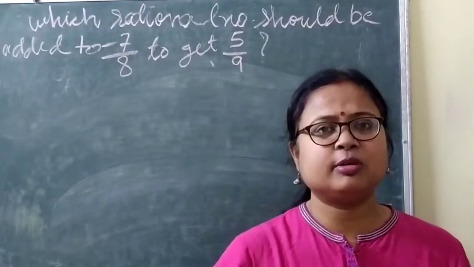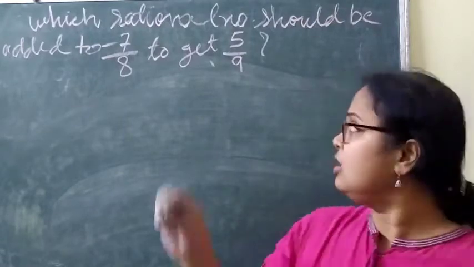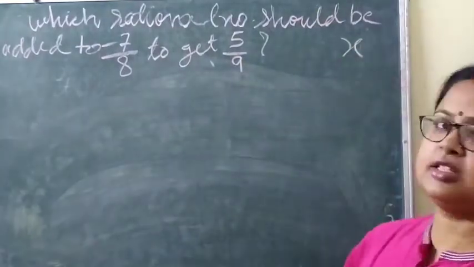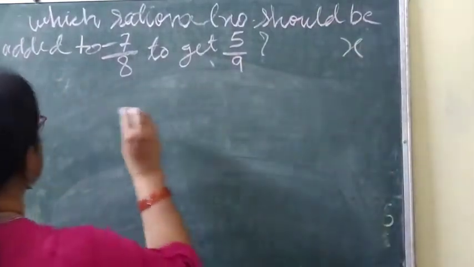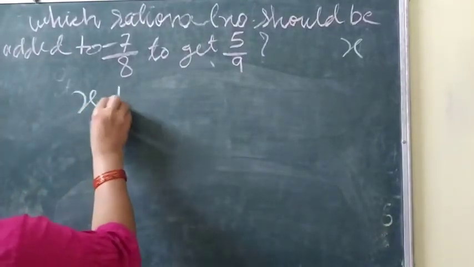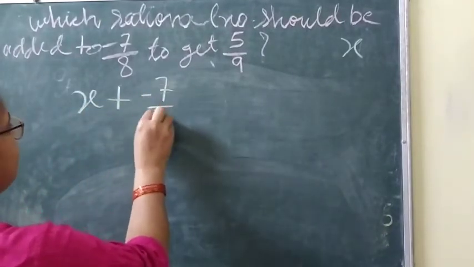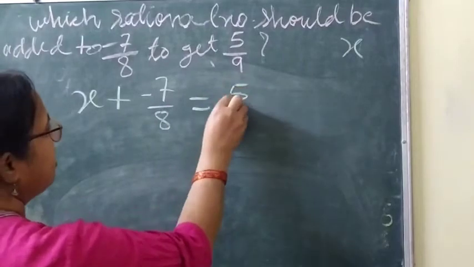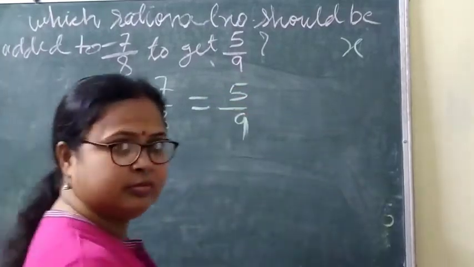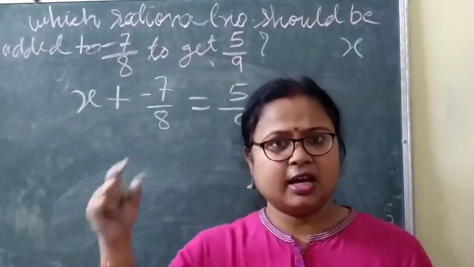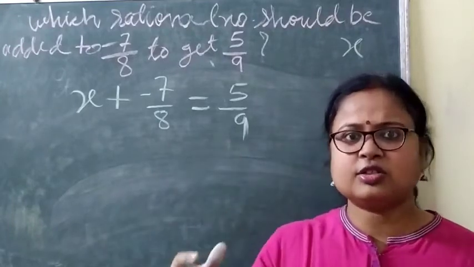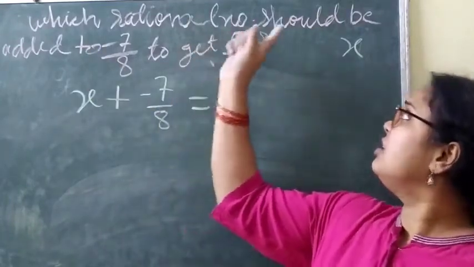Let the rational number be what? X. So just suppose what? X. What you will write? Write the equation. X should be added to minus 7/8 to get 5/9. As it is given, you write the equation and you say that which number should be added.